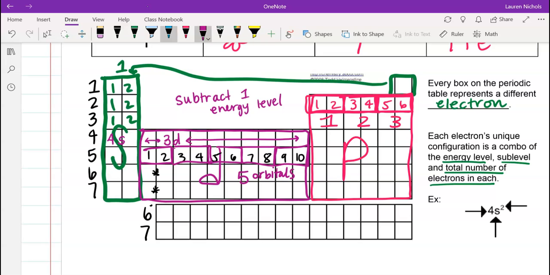And then this bottom section here that got pulled out is all of the f orbitals, well, the f sublevel, and the f sublevel has 7 orbitals for a total of 1, 2, 3, 4, 5, 6, 7, 8, 9, 10, 11, 12, 13, 14.